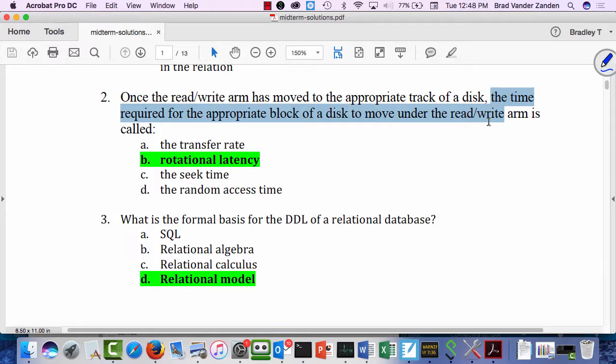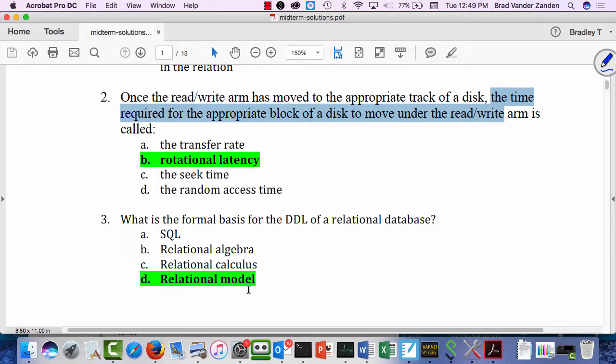So seek time is the movement of the arm to the appropriate track. Rotational latency is the time then, once it's at that track, for the disk to rotate under the read-write arm to the appropriate block.